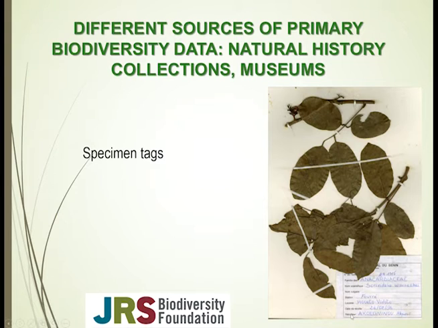You see. And the observer or the collector is West Aquino. So those are the information you have to digitize in herbaria, natural history collections, and museums. Those are the information you need to digitize, and that exists.